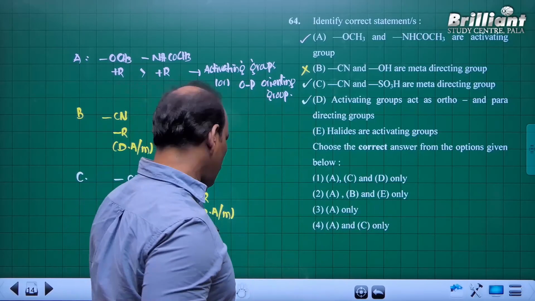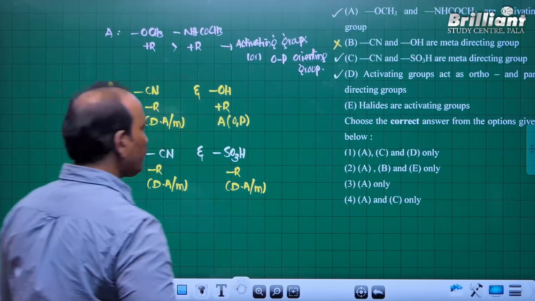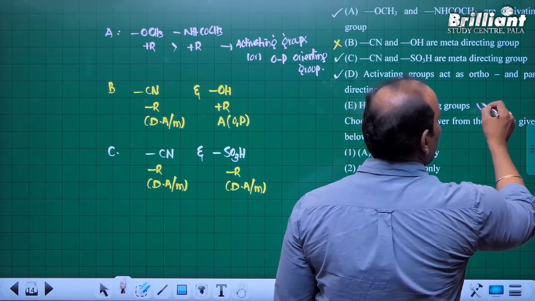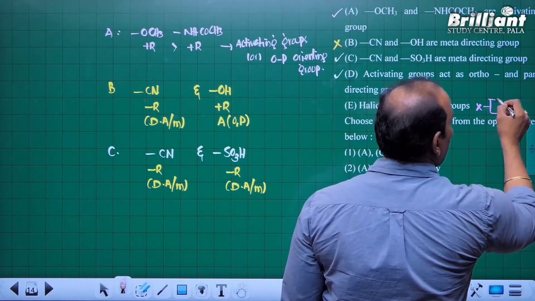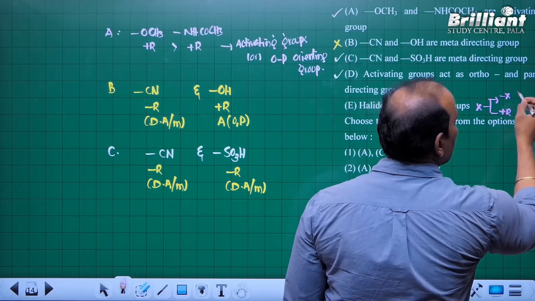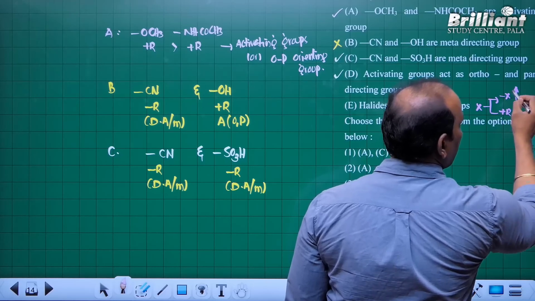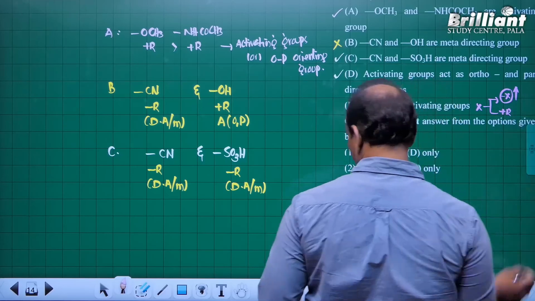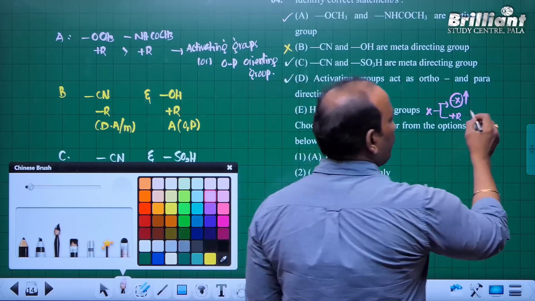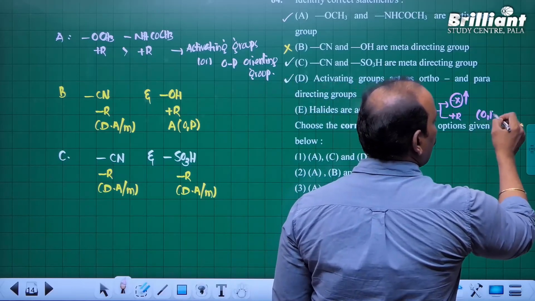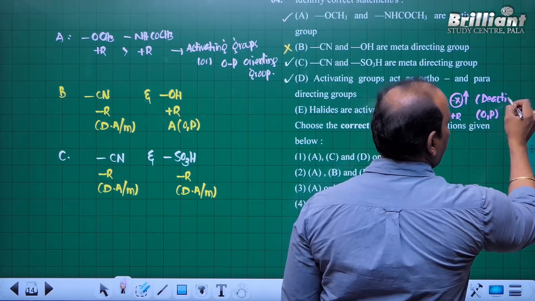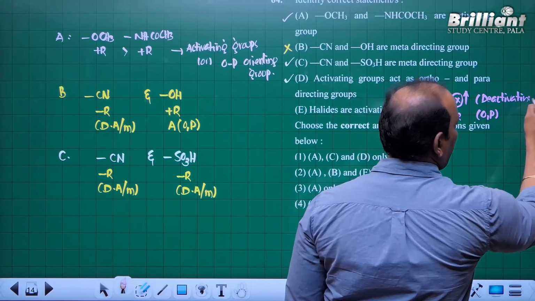Halides are activating groups, no. Halogens, that is E. Halogens have two effects, minus I and plus R. The minus I is the dominating effect. So halogens are deactivating compared to benzene. Due to the plus R they are orthopara orienting.